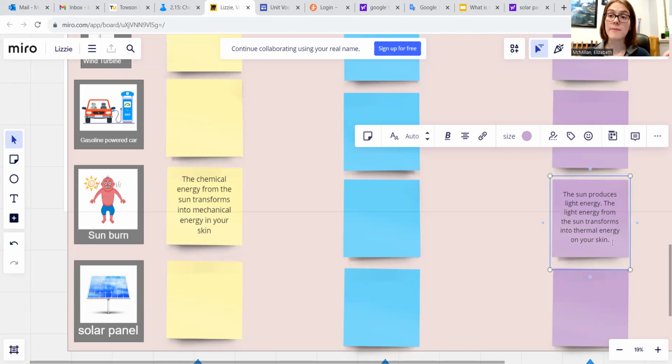If when you're making your comment, the one you choose to comment on did a good job and was able to figure out which were the appropriate energy types to talk about, then you can just say in your comment, good job, or I like your example, or something like that. But this is what you could do if the person you're giving feedback to had a little bit of difficulty picking out which energy types were appropriate.